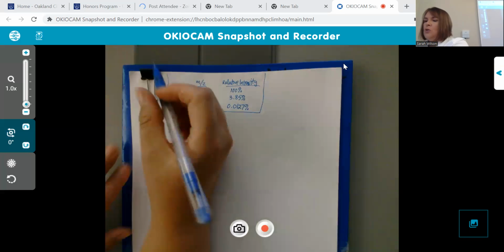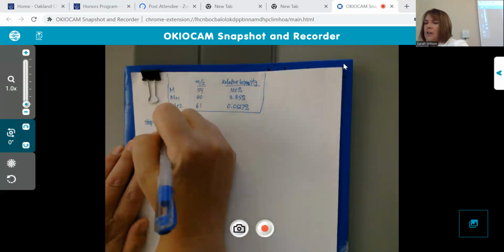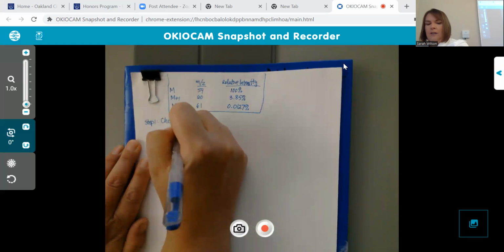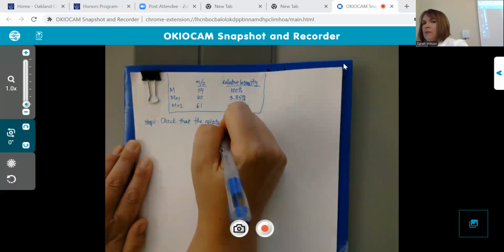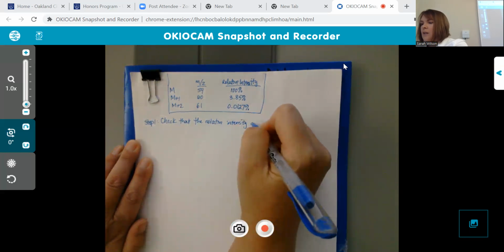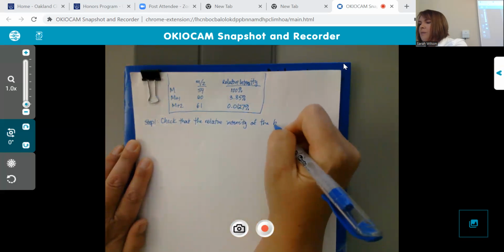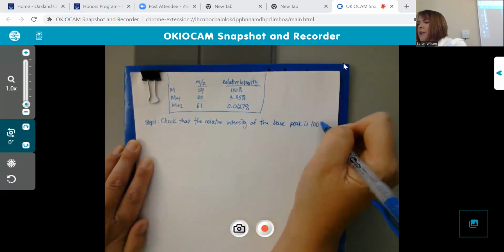Step 1 in my 6-step process is to check that the relative intensity of the base peak is 100%.